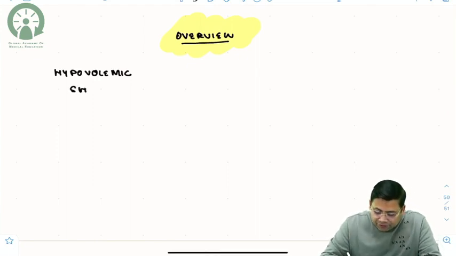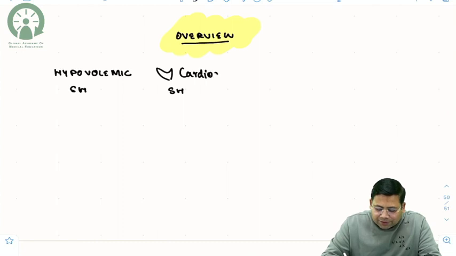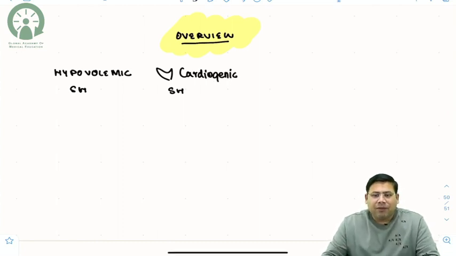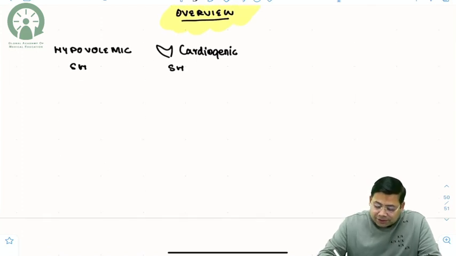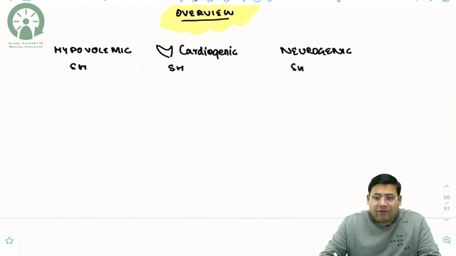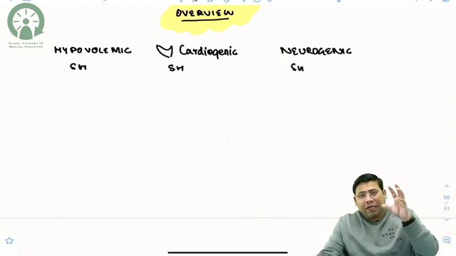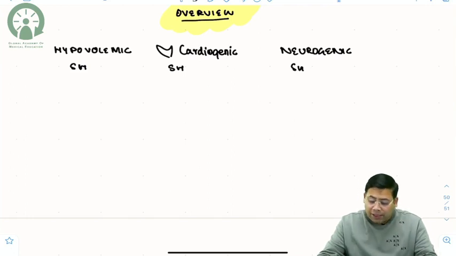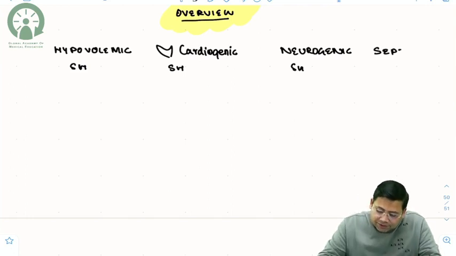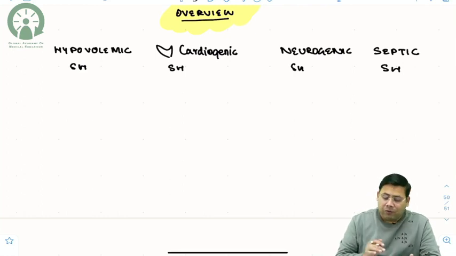The second is cardiogenic shock, a state of pump failure, where the heart is not pumping the blood properly. The third is neurogenic shock. What is neurogenic shock, students? It is a state when there is loss of central sympathetic tone. And the last is septic shock. So these are the four varieties of shock that we are going to compare.